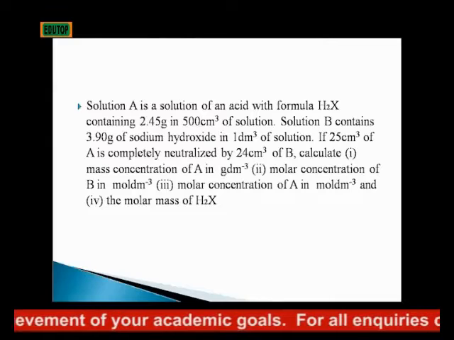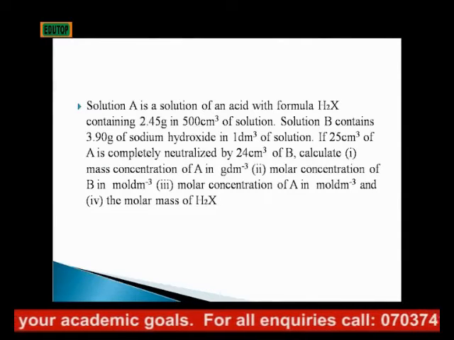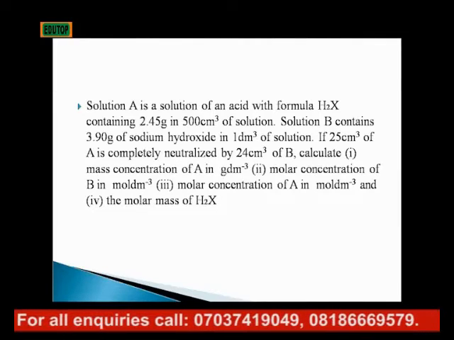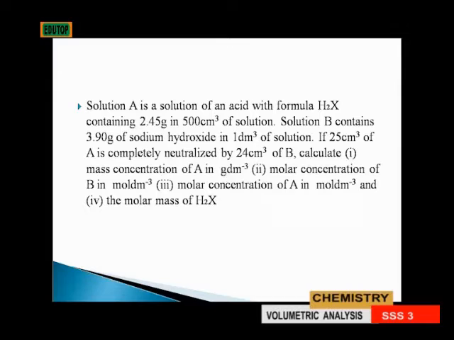Question number 2. Solution A is a solution of an acid with formula H2X containing 2.45 gram in 500 cm cube of solution. Solution B contains 3.90 gram of sodium hydroxide in 1 dm cube of solution. If 25 cm cube of A is completely neutralized by 24 cm cube of B, calculate: 1.